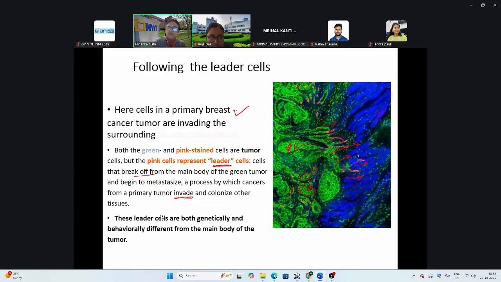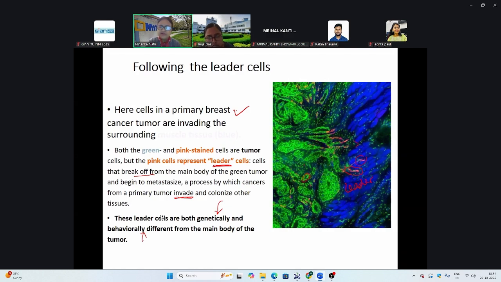So scientists have wondered, how is it possible that some of these cells look different and are the leader cells? Scientists have found that they are genetically different and behaviorally different.